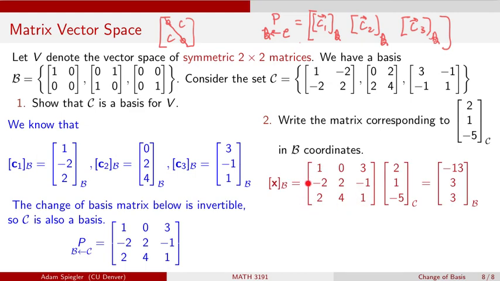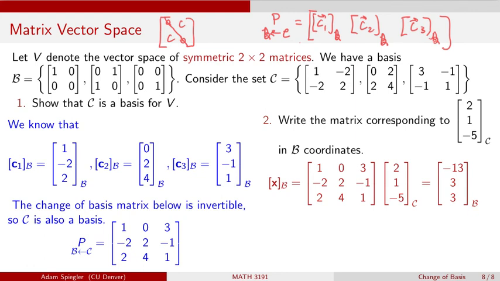So I'm going to multiply P sub C into B, this change of basis matrix, by the vector in C coordinates. You do the arithmetic, and we wind up with the vector minus 13, 3, 3, which is expressing this symmetric matrix relative to basis B.